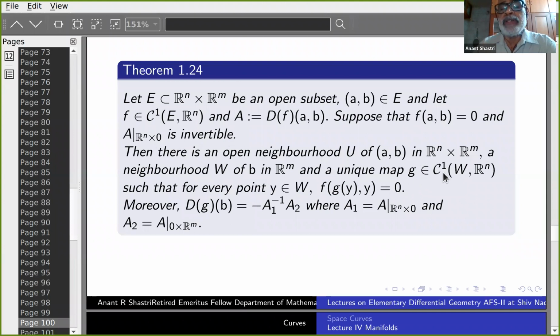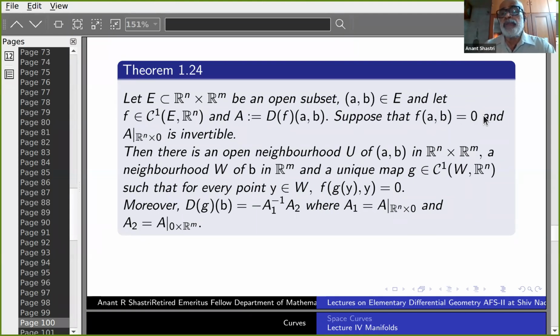And a unique map g, which is a C1 map from W to Rn, such that for every point y in W, f of (g(y), y) is 0. So this x here, f(x, y) equal to 0, is one single solution. Like an initial value problem. Of course, this is not a differential equation. This is a much more general equation than an initial value problem for a differential equation.